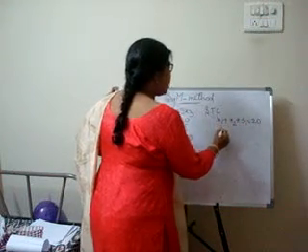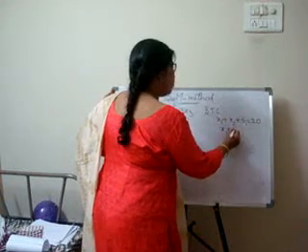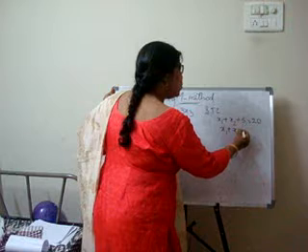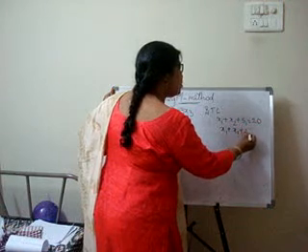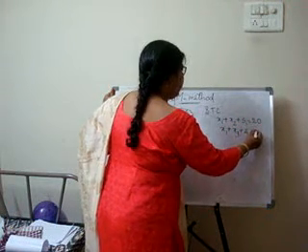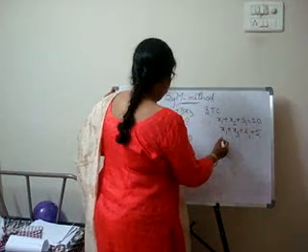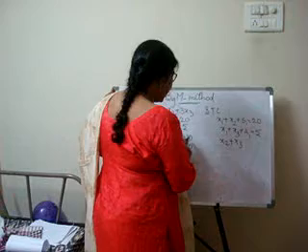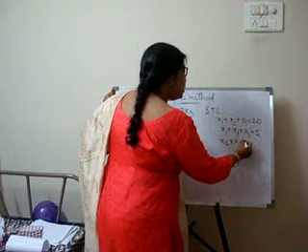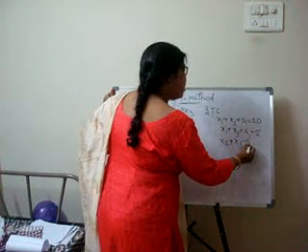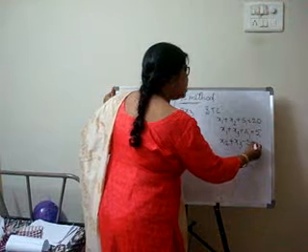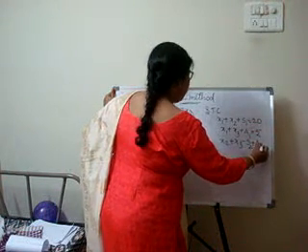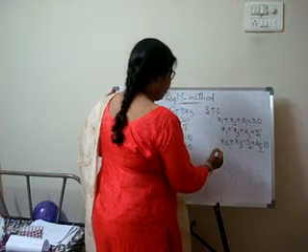Now x1 plus x2, which already has an equal to sign, so we are going to introduce an artificial variable a1, and x2 plus x3 which is greater than or equal to, we will subtract a surplus variable and along with it add an artificial variable, which is equal to 10.